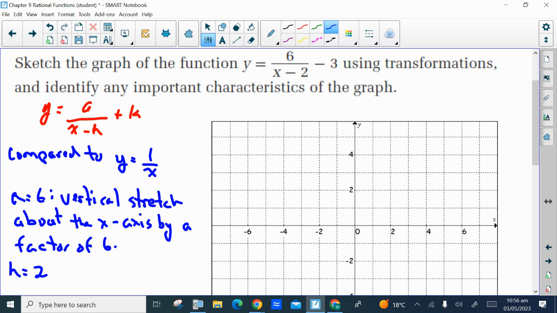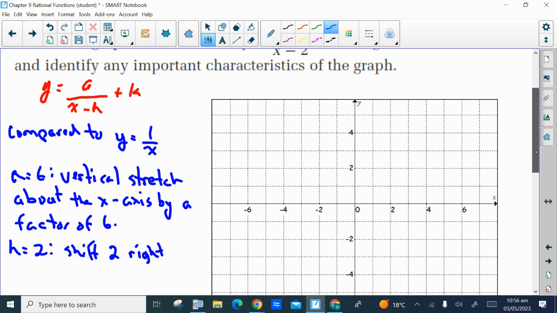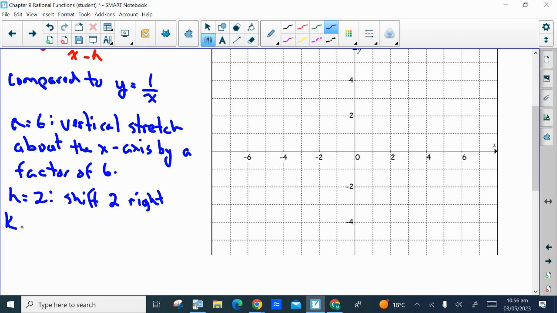Remember, the value of h is always the opposite of what it appears to be. The general equation has x minus h in it. So our value of h is positive 2, which means it's going to shift 2 to the right. And then we have a k value of negative 3, which means it's going to shift 3 down.